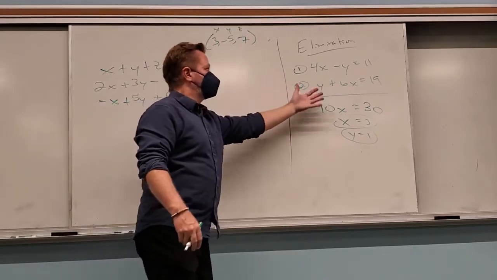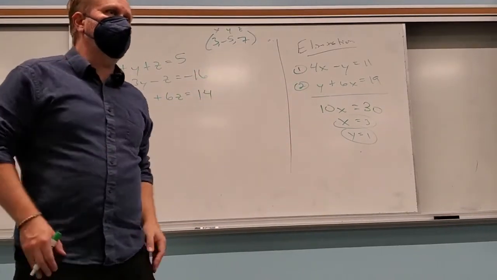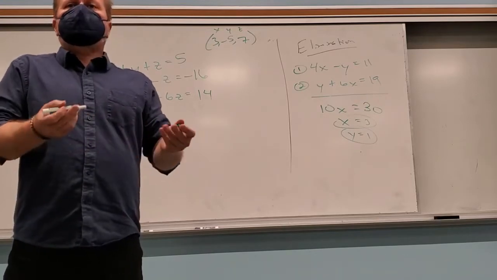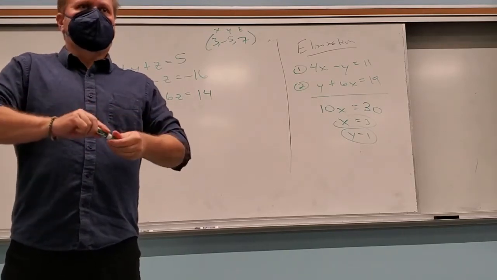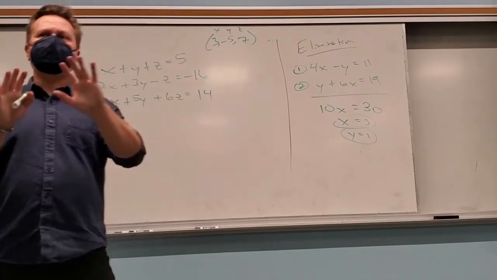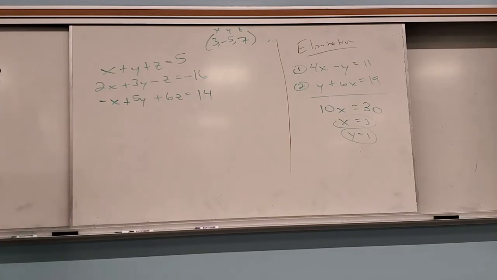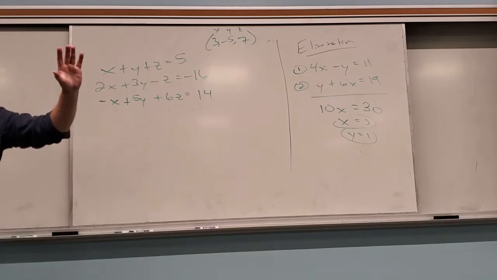We know what to do if there's 2 variables. That's fantastic. If there's 2 variables, I can substitute, I can eliminate, right? I got 3 variables. Can somebody tell me, looking at all these things, which variables might be a good ones to cancel?